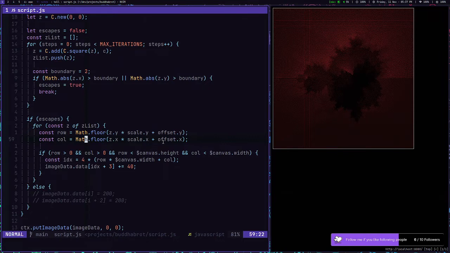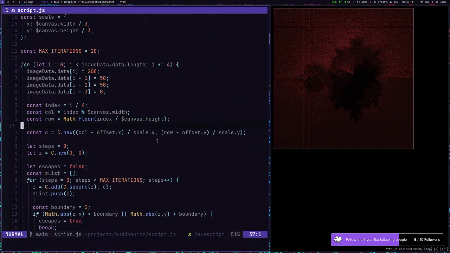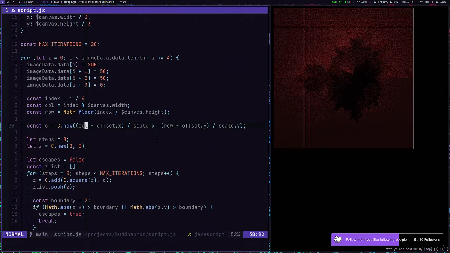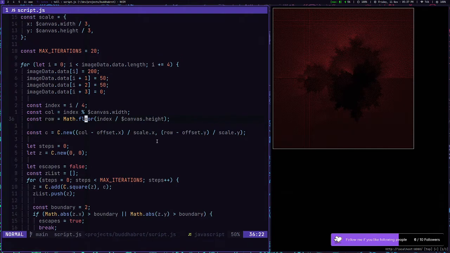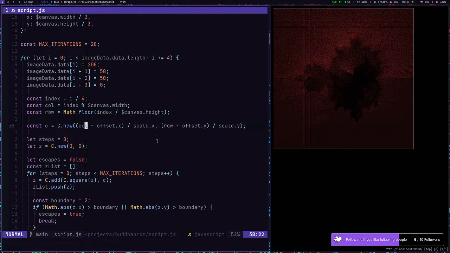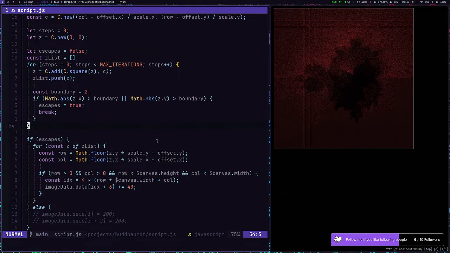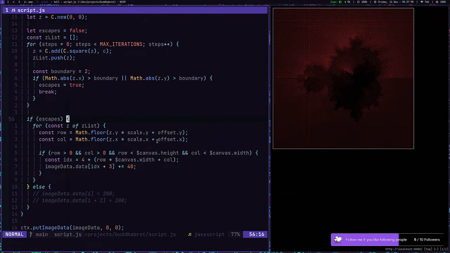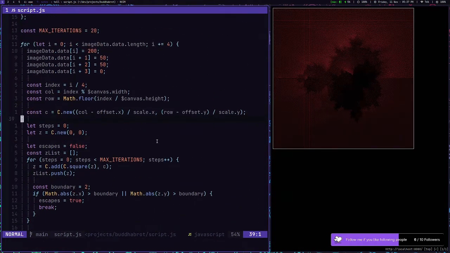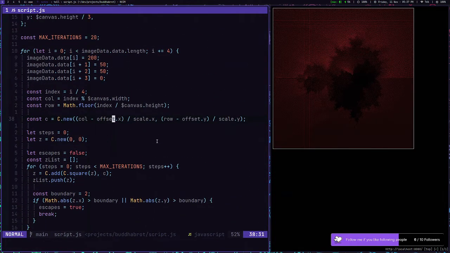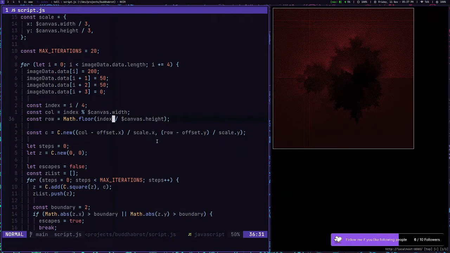Wait. Yeah, actually that's correct. This is screwing with my brain cells. Got it here. We get the index, we get the row and column from that. But when we're here, we, oh no, something seems wrong.